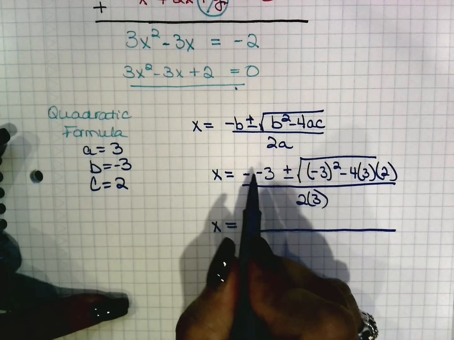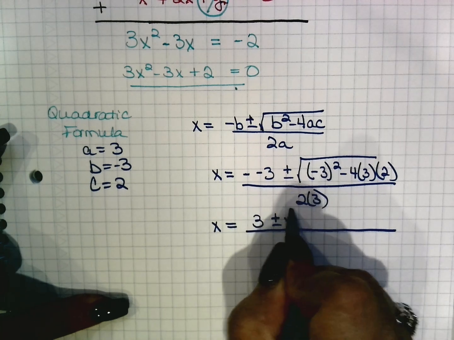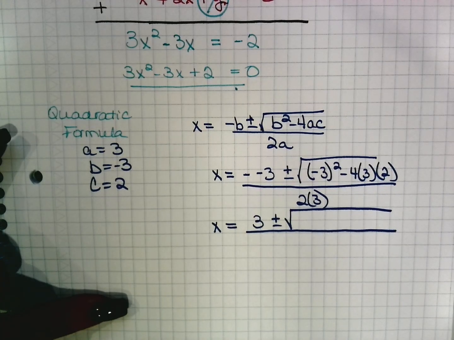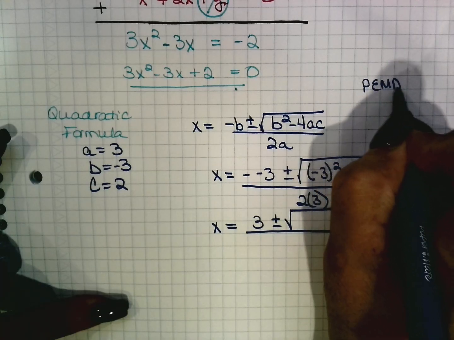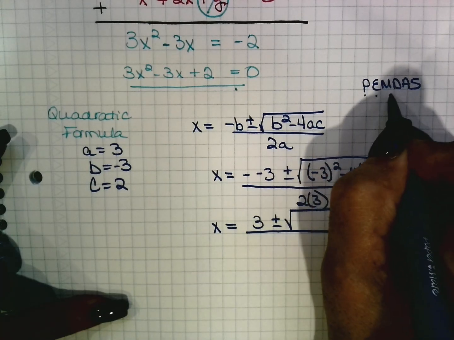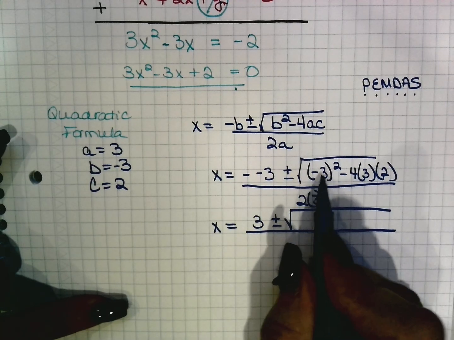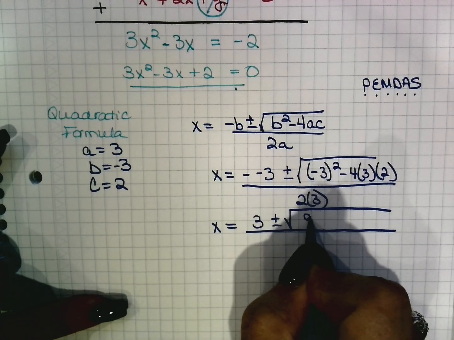Let's simplify this. The negative of a -3 is just a +3. And now we're going to take care of what's under the radical. So we have, remember, order of operations. You want to do parentheses, exponents, multiplication, division, addition, subtraction. So we're going to do the exponents, -3 squared, that is just 9.